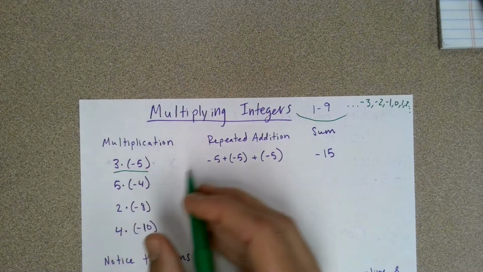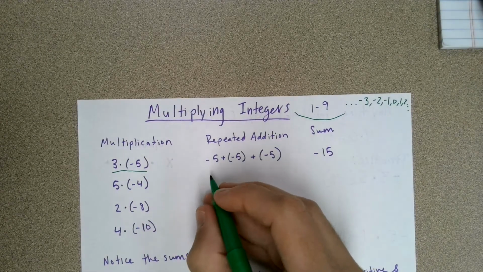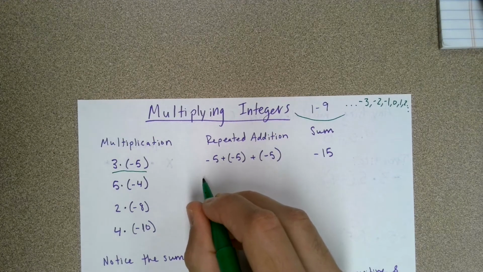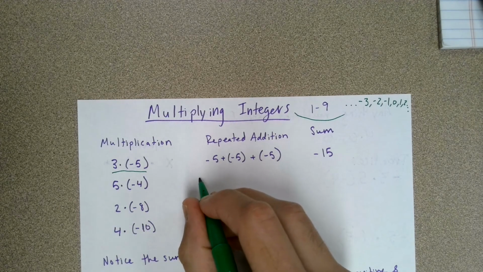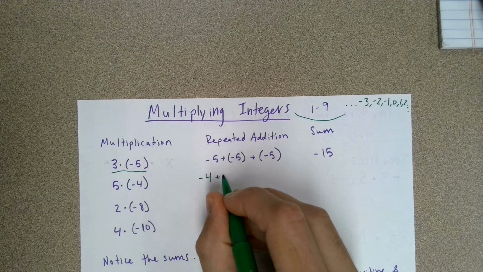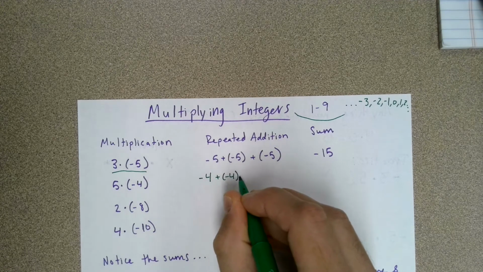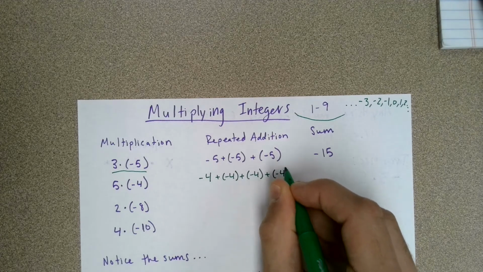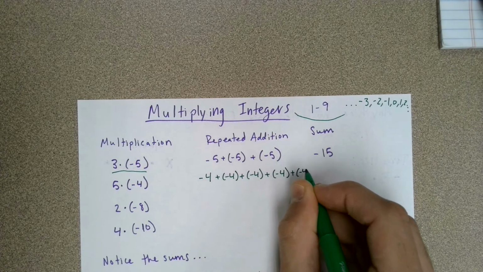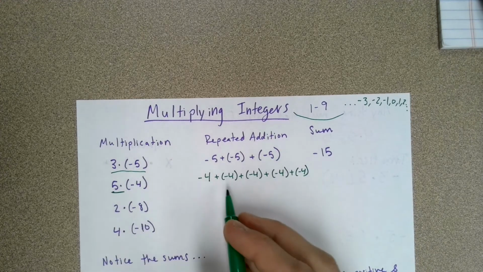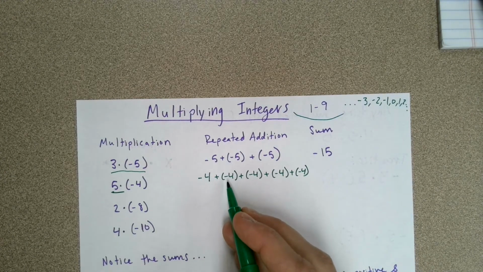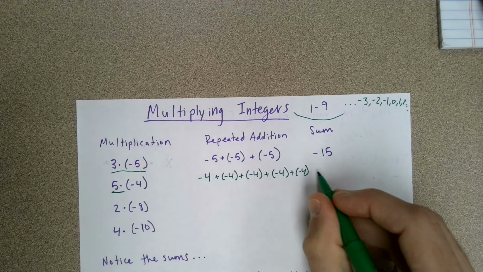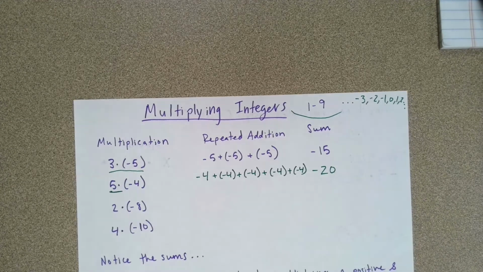So we're going to do the same kind of pattern for the next few here. I'm just going to slowly fill it in. You're welcome to do the same in your notes as I do. So we have 5 times -4. So I'm going to do -4 plus -4, -4, -4, and -4, 5 times, because we have times 5. So -4 plus -4, we got -8, -12, -16, and -20 would be our sum there.